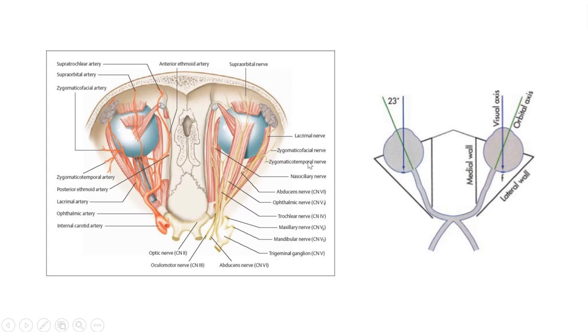However, when a person wakes up, both of these eyes align in such a way that the visual axis is parallel to each other. It is necessary for us to have our visual axis parallel so that the visual information from both of these eyes overlap and there is 3D vision available for us.